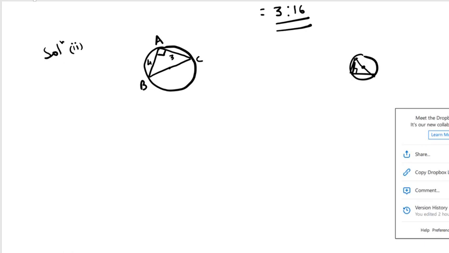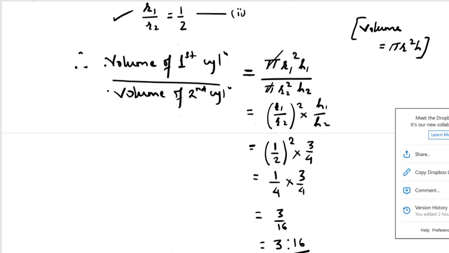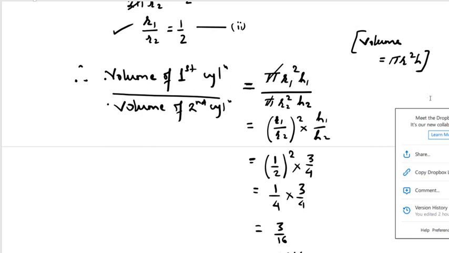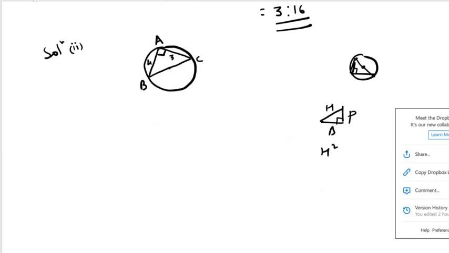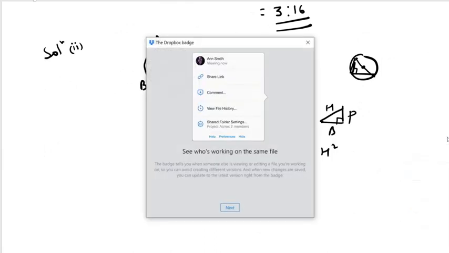We did this Pythagoras theorem last time. This is 90 degree, this is hypotenuse, this is perpendicular, this is base and hypotenuse square. Let me do away with this.